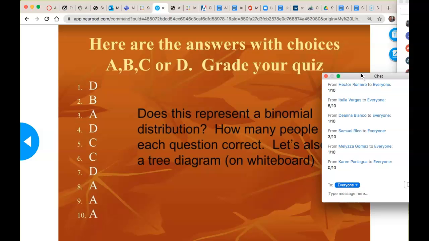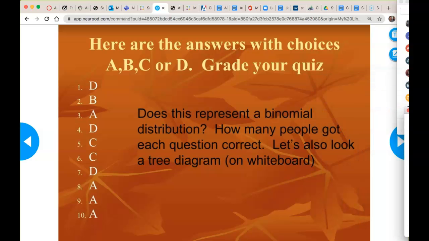Ooh, somebody got a 5. Talia, 0. That happens. There's a chance of getting 0 right. Most of them are 2s and 3s. There's a 0. So not very many 1s, mostly 2s and 3s. I can calculate these probabilities.